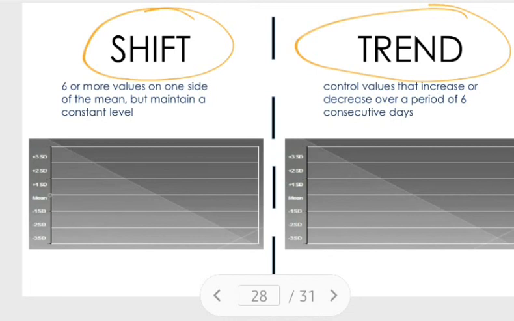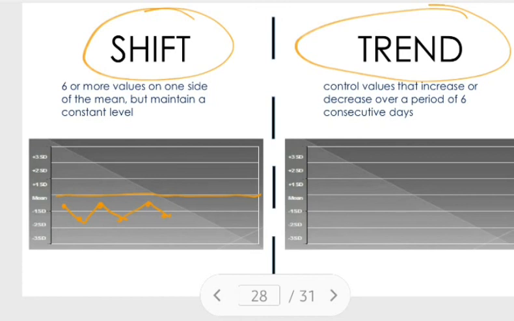So it means if this is your mean, 6 control values on one side of the mean for 6 consecutive days refers to a shift. The main causes of shift are improper calibration of the instrument and deterioration of standards.